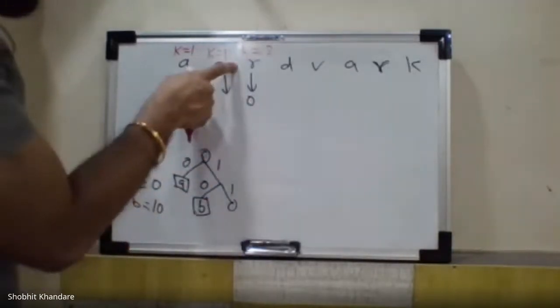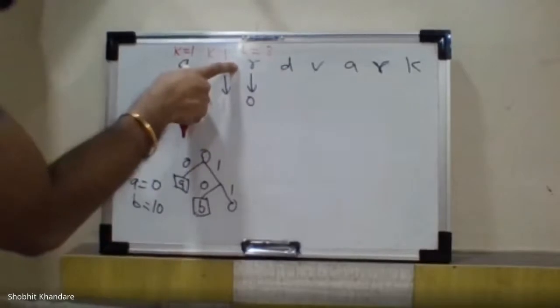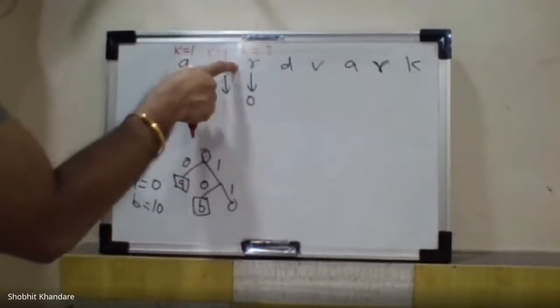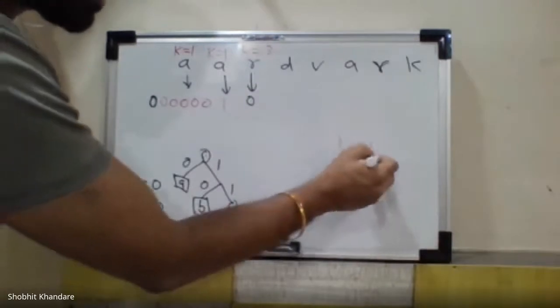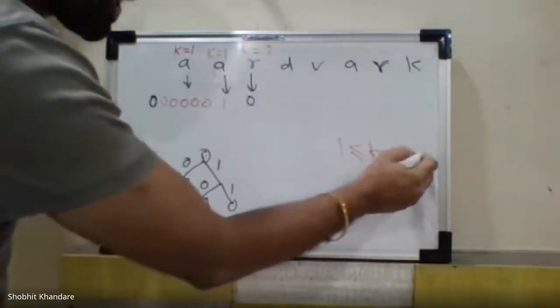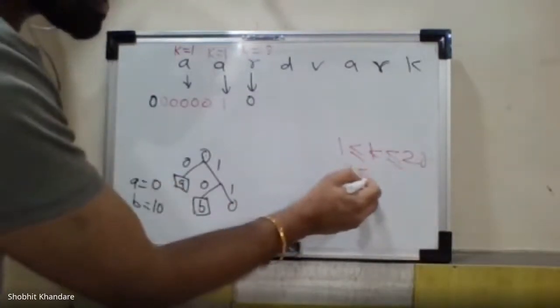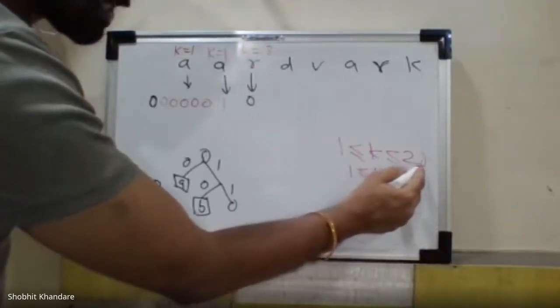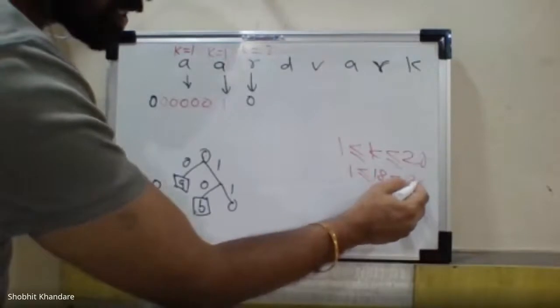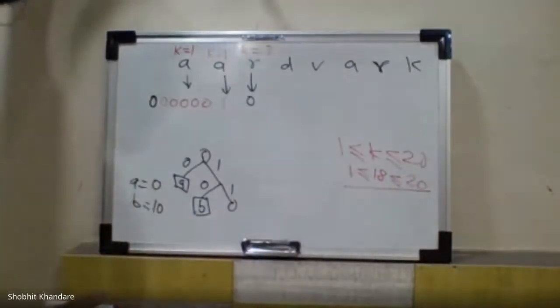When K is equal to 18, what is 2R? 2 into R, where R is 10, is 20. So can I say this will come into the category of 1 less than or equal to K, where K is 18, less than or equal to 2R, which is 20? Yes, this is satisfied.